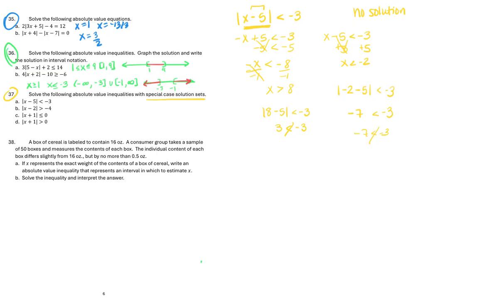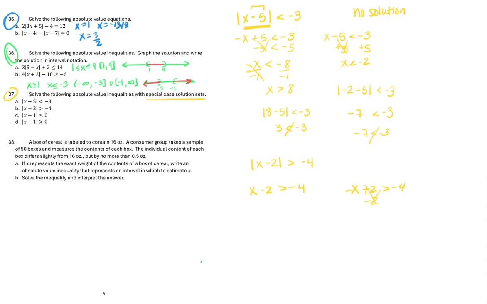Okay, so let's move on to part B. So on part B, I have absolute value of x minus 2 is greater than -4. And so I can do x minus 2 is greater than -4. And then I also have x minus 2, plus that is greater than -4.